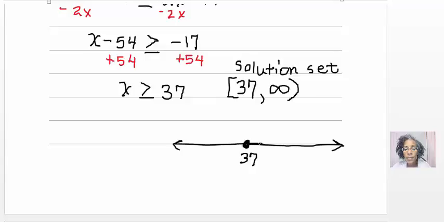And then I show an arrow extending to the right because I do include all numbers bigger than 37.